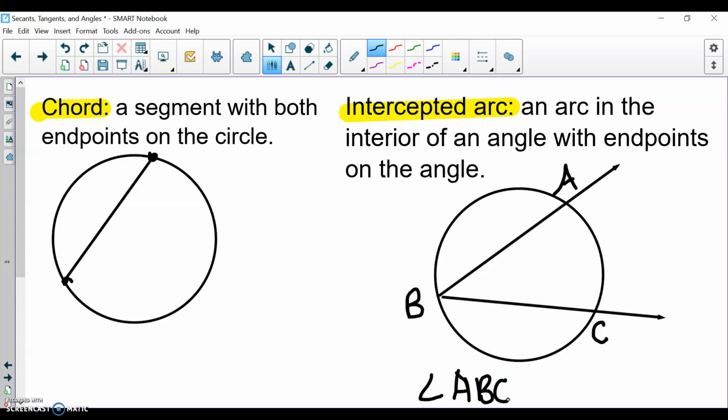And so the intercepted arc is in the interior, so it has to be on the inside. And the endpoints are also on the circle. So our intercepted arc is arc AC, right? It's inside angle ABC. And the endpoints of the arc are points A and C. So we would call this, using notation, arc with a curve, A, C.